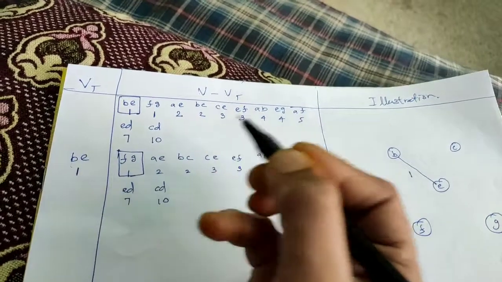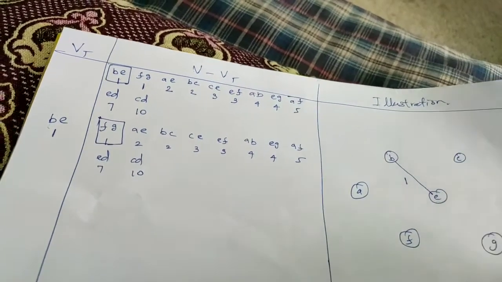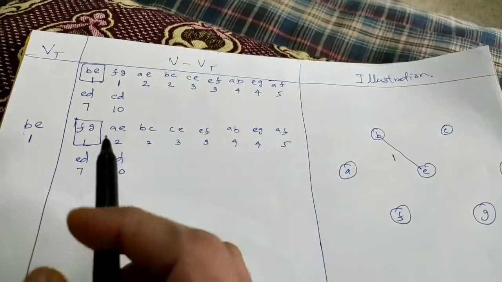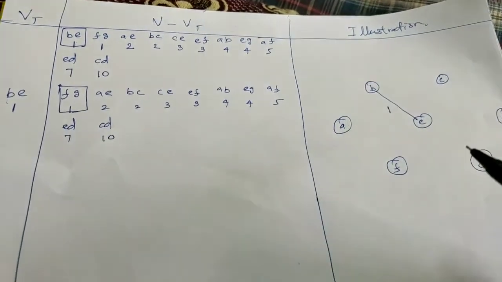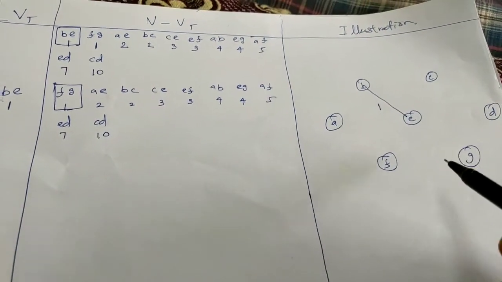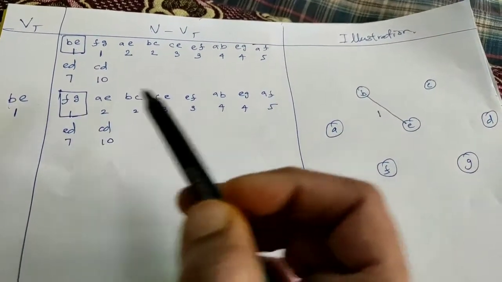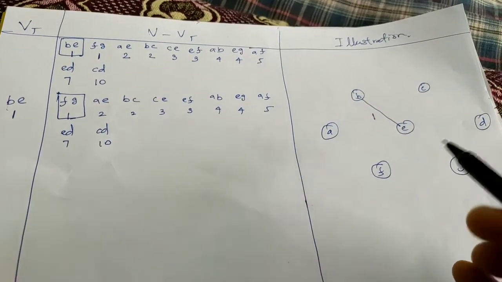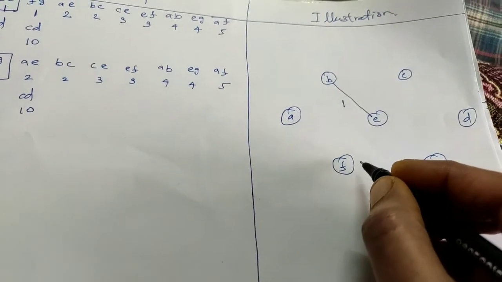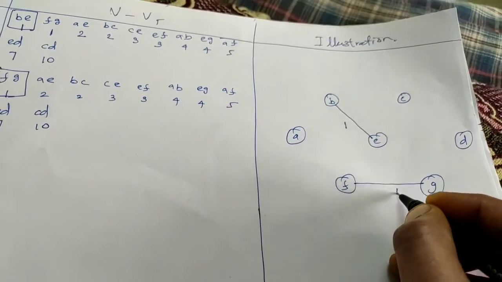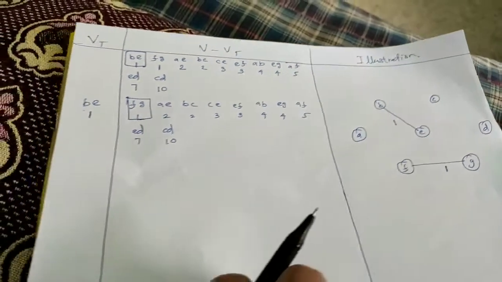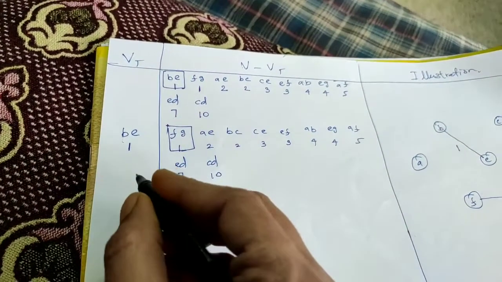Now select the next edge, FG with weight 1. If I include this edge in the spanning tree, will it form a cycle or not? Definitely if I include this edge in the spanning tree, it will not form a cycle. So I can include the edge FG with a weight 1. So I got the second edge in my spanning tree.